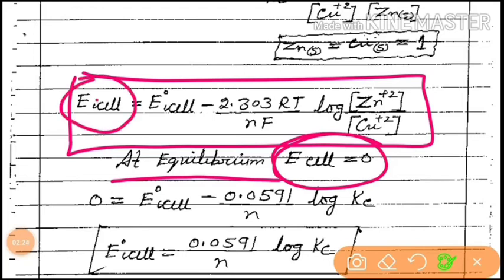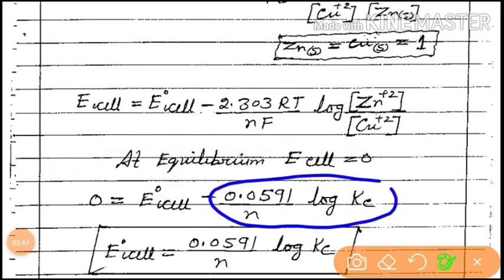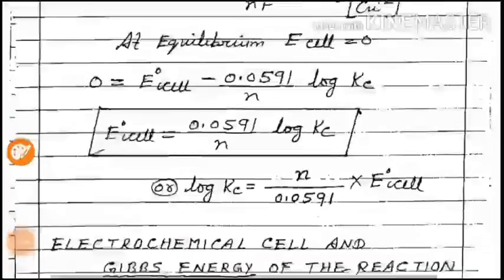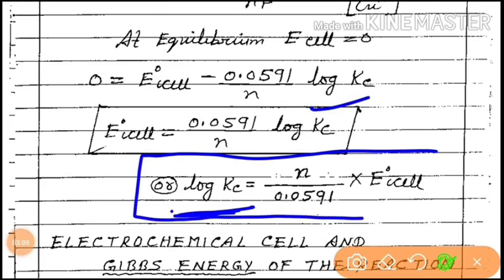So in place of E cell we write 0, then E naught cell minus 0.0591 upon N and log Kc. This whole term is in the product form. If you bring it to the left side, you get the formula E naught cell is equal to 0.0591 upon N log Kc, and log Kc is equal to N upon 0.0591 into E naught cell. This is another expression which we use for numerical purposes to calculate the value of the equilibrium constant Kc.